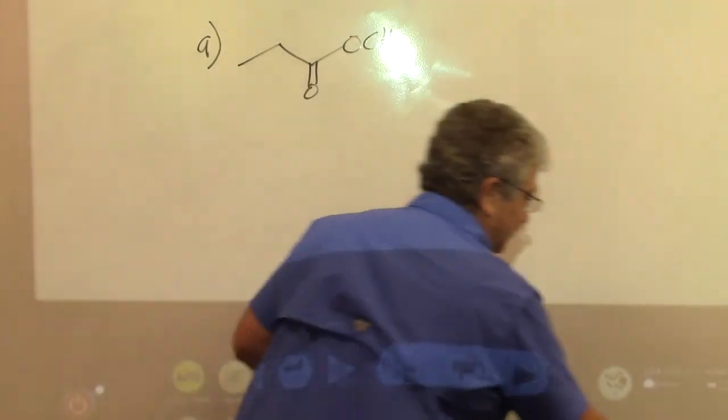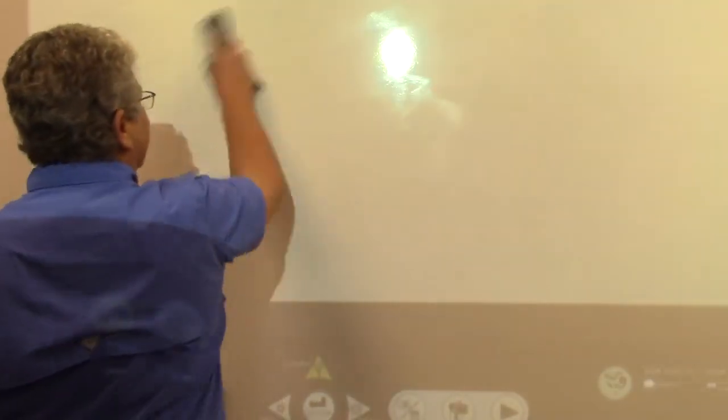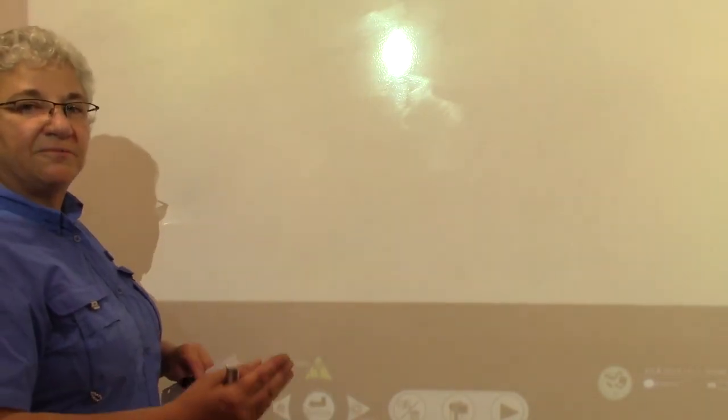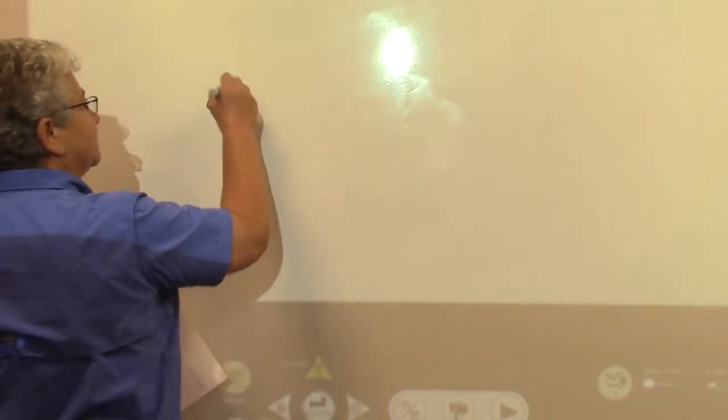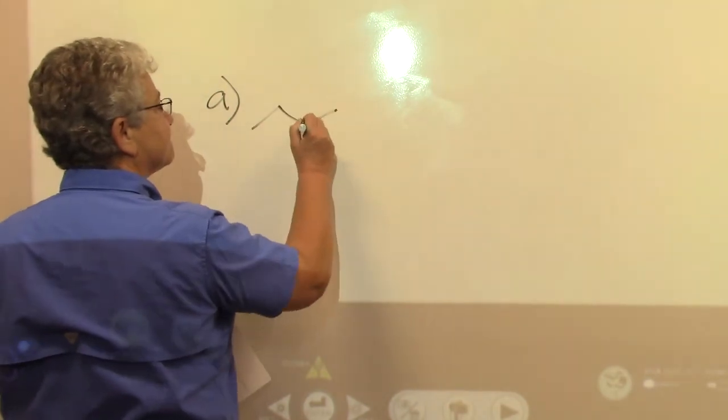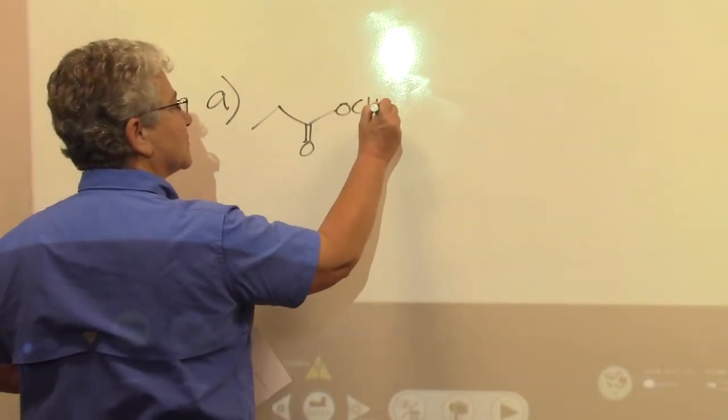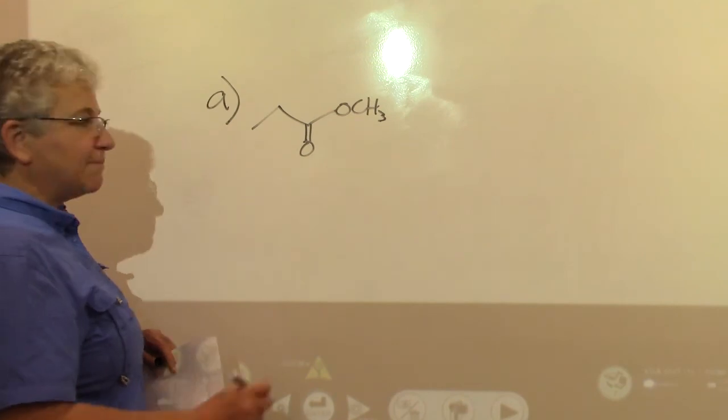I'm going to draw this again lower. How many carbon resonances, or how many peaks, would you expect to see in the spectrum of this molecule? So you're just giving me a number.